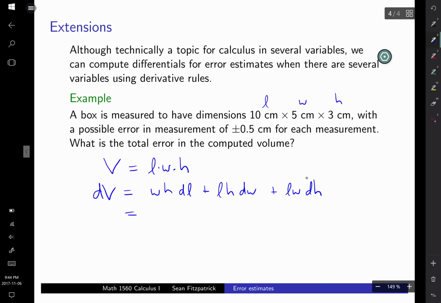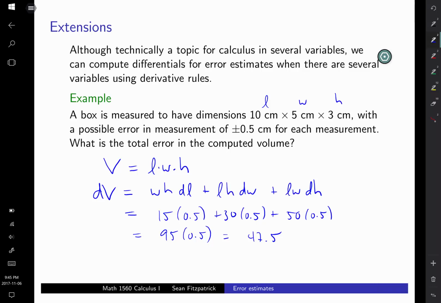So we would get width times height, 15 times 0.5, and then length times height, 30 times 0.5, and then length times width, 50 times 0.5. So we get 95 times 0.5. What's half of 95? 47.5 for the error in the volume.